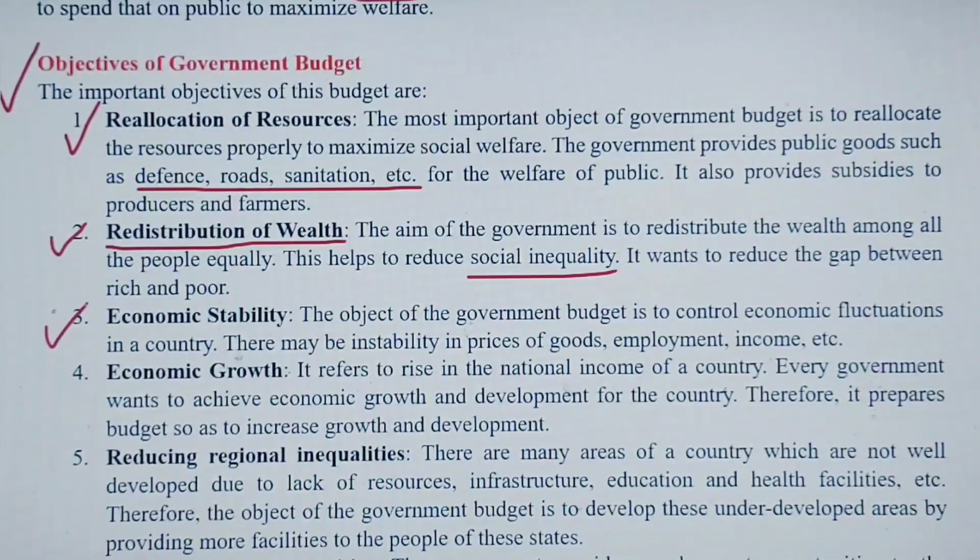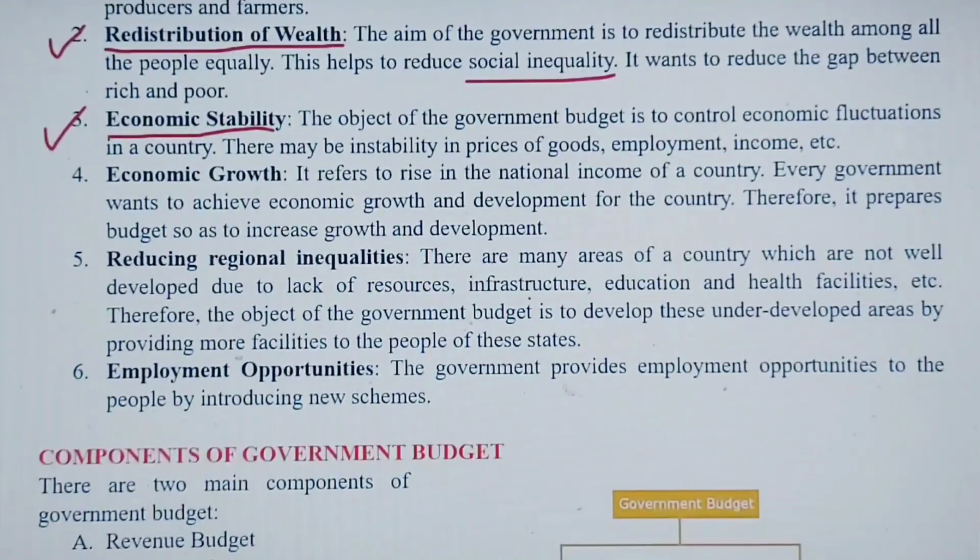Let's move on to the third objective of government budget, economic stability. Now this is very important for any economy, that an economy should be stable in terms of its economic performance. So the object of the government budget is to control the economic fluctuations. Now what are these fluctuations?